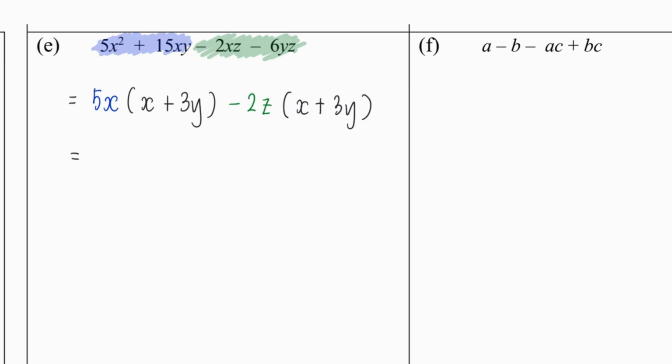We can actually see that x plus 3y is the common factor. Take them out, and I'm left with 5x minus 2z.